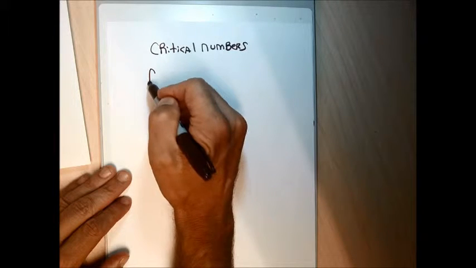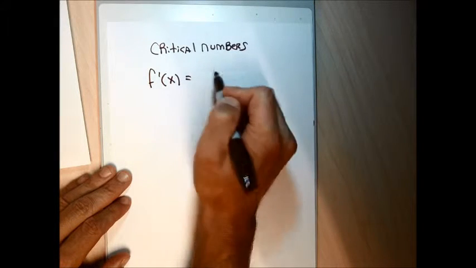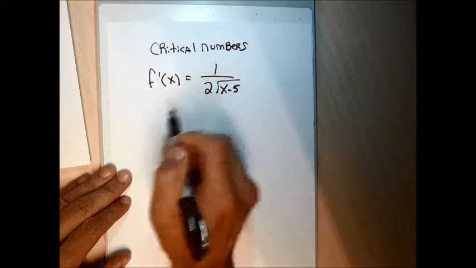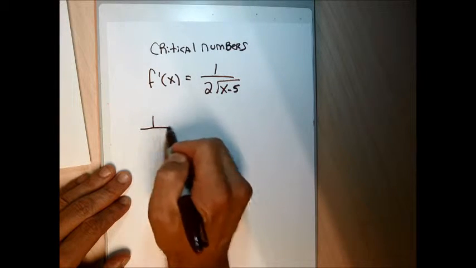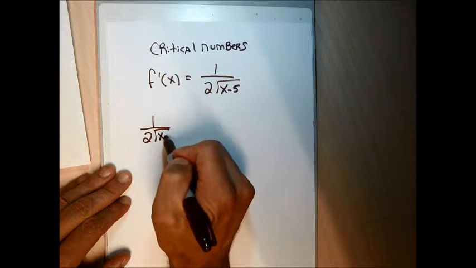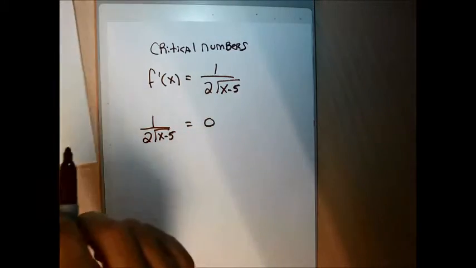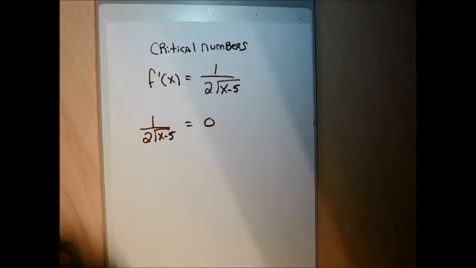So the derivative f prime of x is 1 over 2 times the square root of x minus 5. What we had been doing is just taking the function and setting it equal to 0, because any value of x where the derivative is equal to 0 is a critical number, and we got that by taking the derivative and setting it equal to 0.